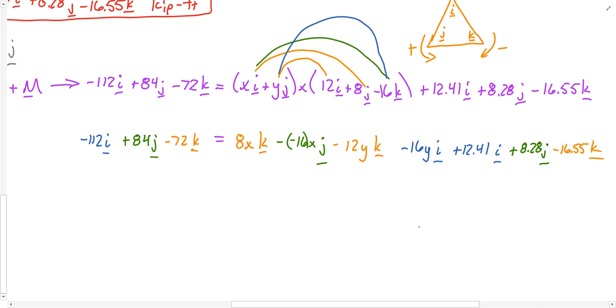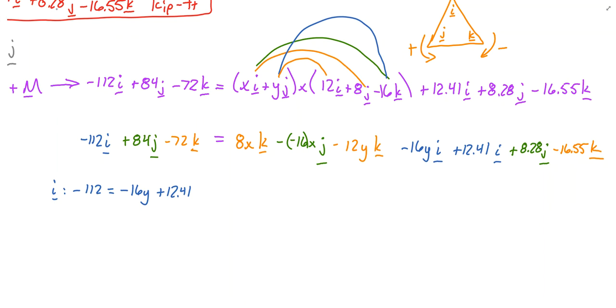All right, so this is a vector expression here that we have written, and all we've got to do now is collect the terms. So let's collect on the i's first. So we have a minus 112 on the left equals a minus 16y plus 12.41 on the right.